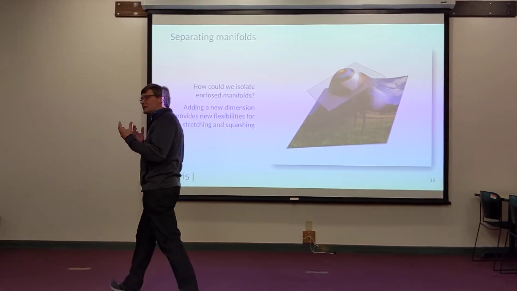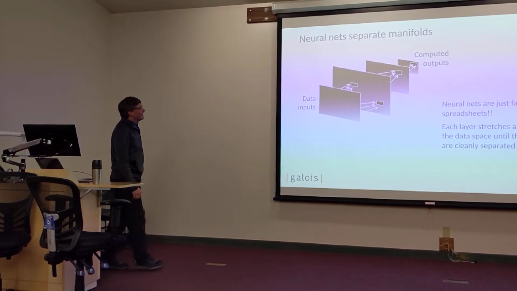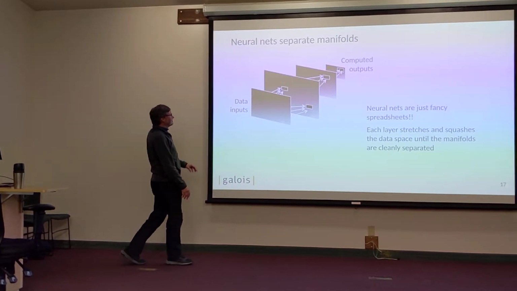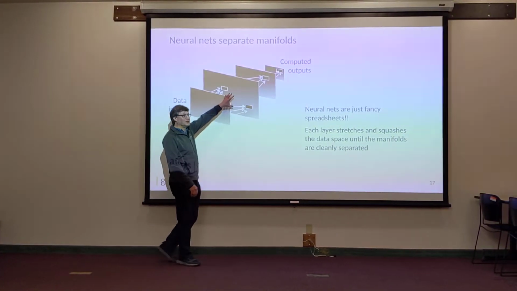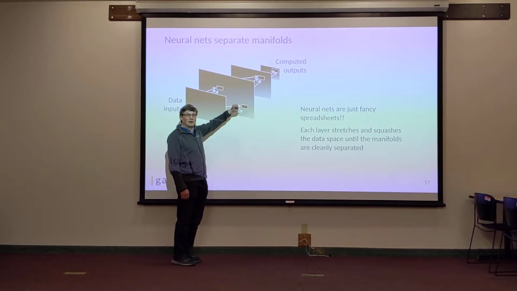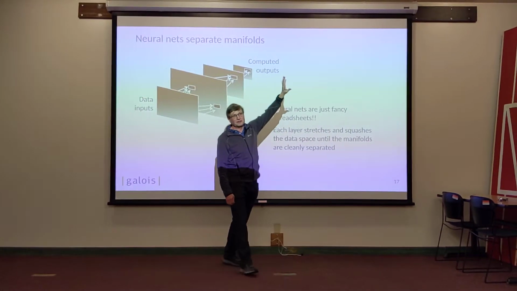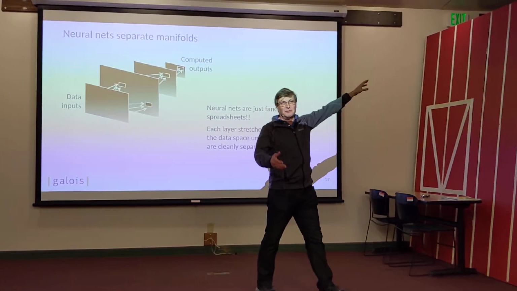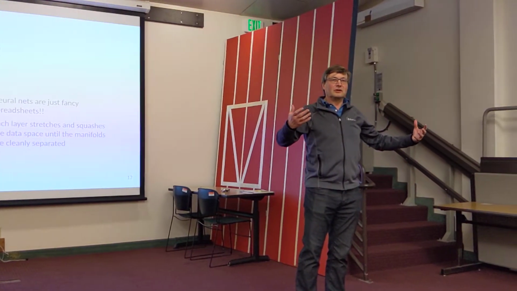Neural nets are just spreadsheets. That's all they are. They're just fancy spreadsheets where you have a sheet where the data comes in, and then you do a bunch of calculations, you get another sheet of the data, and you have a bunch of calculations and you have another sheet of the data, and you may go on maybe 20 sheets, and at the end, you've got your answers.